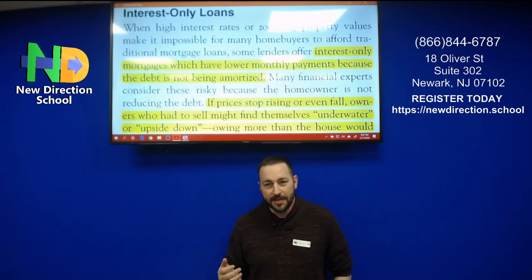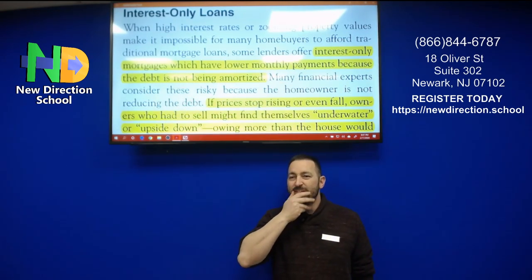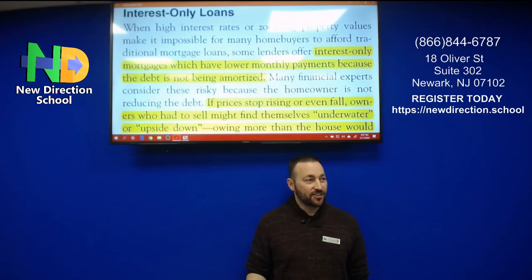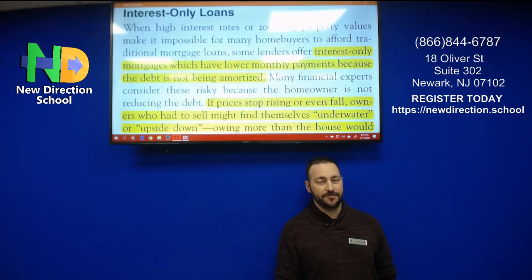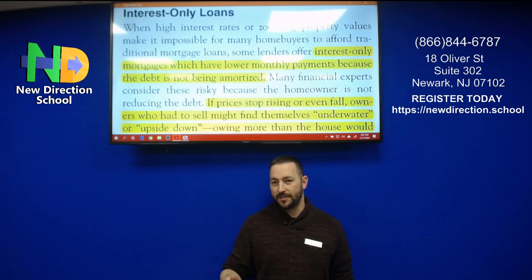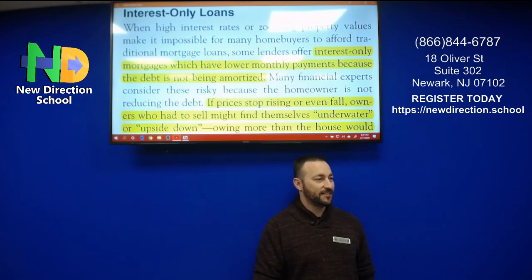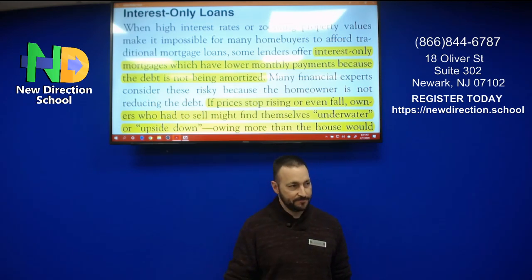Don't be like an ex-employee of mine who got a 30-year interest only on a $400,000 mortgage. Ten years later, how much did they owe? $400,000. And the market had crashed, and their house was now worth $350,000, more or less. All they paid for 10 years was interest.